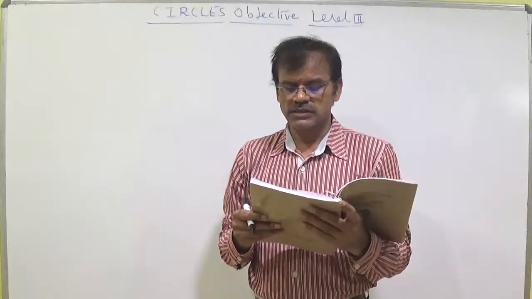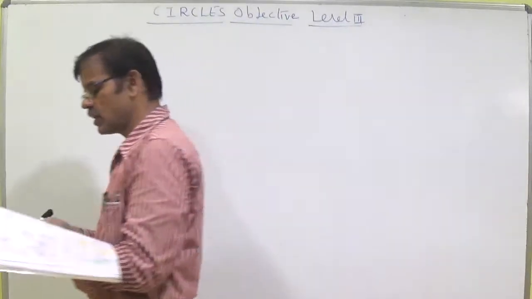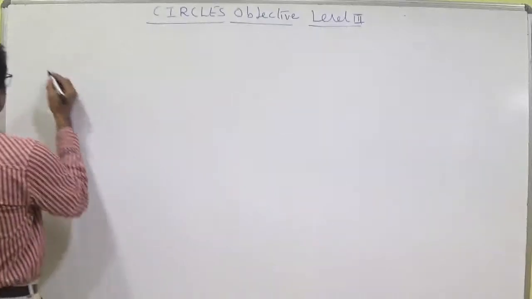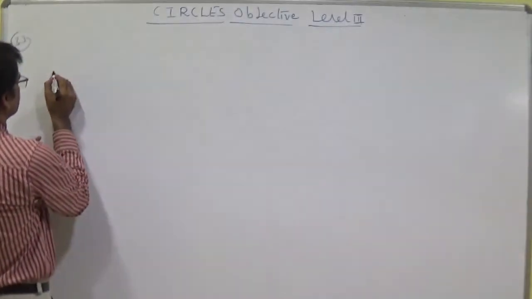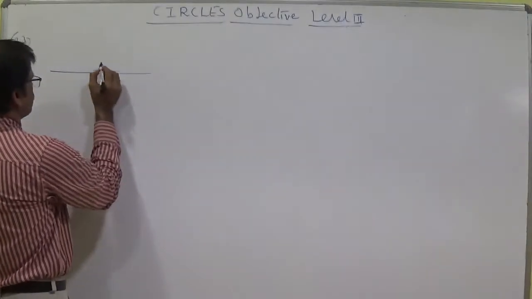The reflected ray touches the circle. The equation of the line along which the incident ray moved. Incident ray moved means nothing but he is asking about the reflected ray equation.